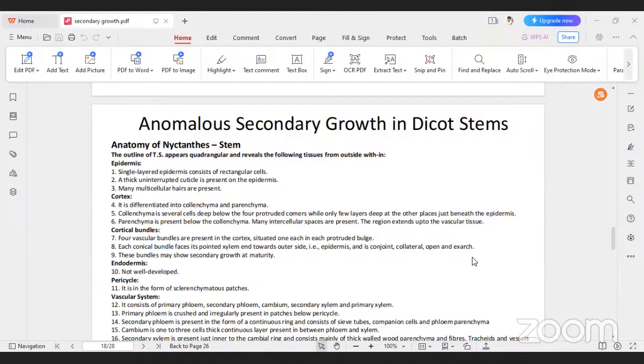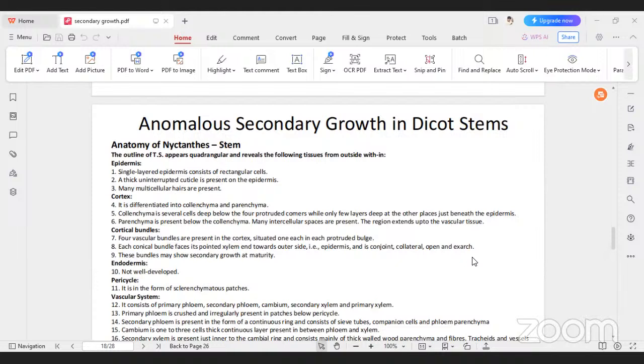But what is the anomalous activity? Here it is clearly given, 19.4.1, the occurrence of scattered vascular bundles in dicotyledons. Actually, the vascular bundles in dicotyledon are in a ring. But instead of that, they are scattered like a monocot. That's why it is the anomalous character.